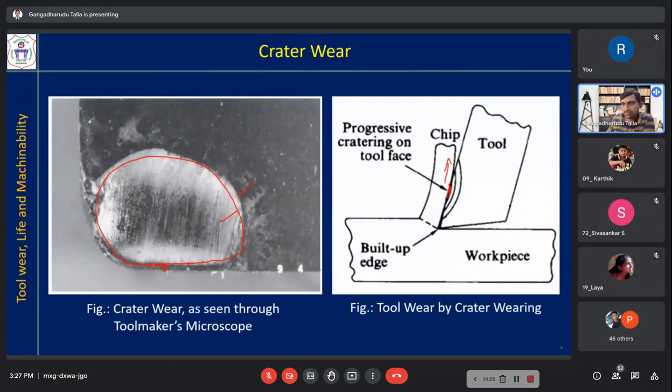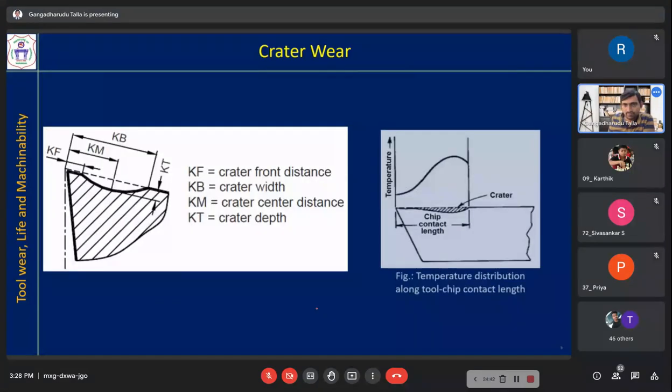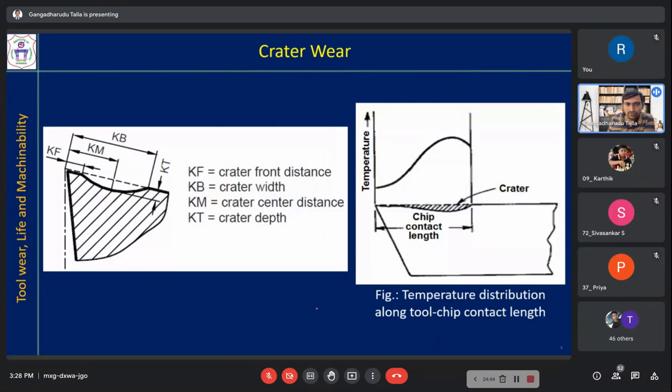And built up edge may also form, and if built up edge is forming, then it will take away some portion of the tool material with it. So that is also contributing to the tool wear, built up edge. Now let us try to understand some terminology related to crater wear. So this is a tool.